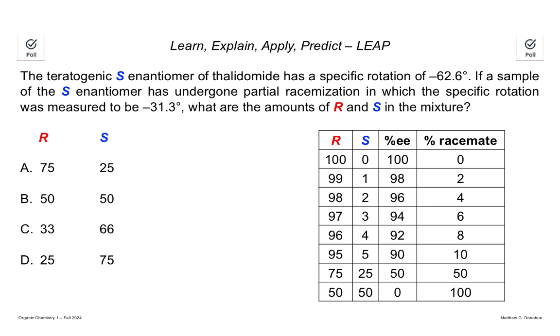So again, we need to, as Ms. Jurasevich, my kindergarten teacher, said, put our thinking caps on. Again, it's not just the wording of these questions that's confusing. You really have to calibrate yourself to what it's asking. So we know that the pure S is equal to negative 62.6.